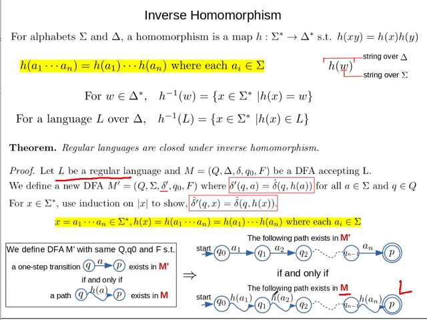So what is your x here? x is A1 up to AN, and this string, H of A1 up to H of AN, is just H of x, right?